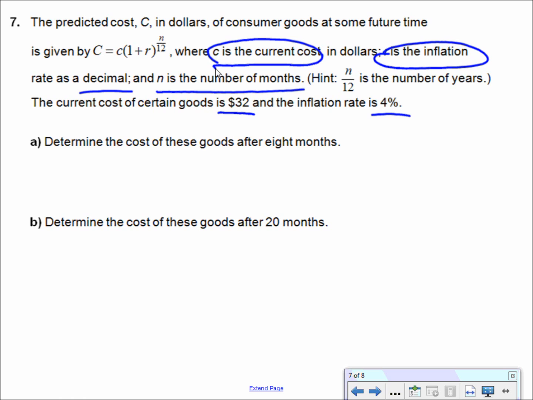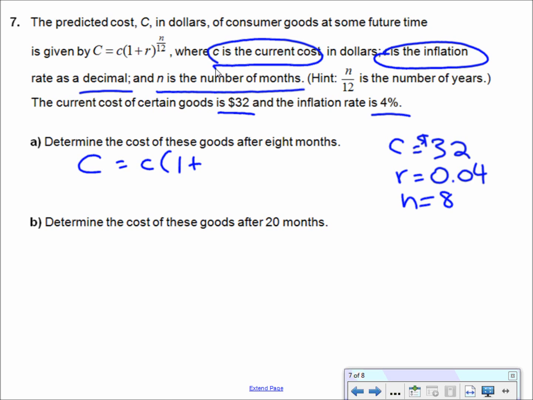So all we're going to do is plug in what we know. C is equal to 32. R is equal to 0.04 because it's 4% as a decimal. And N is equal to 8. So I'm going to write my equation and plug it in. 32, 1 plus 0.04, and 8 over 12.